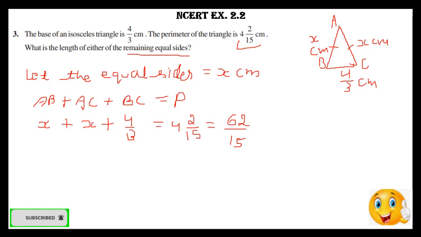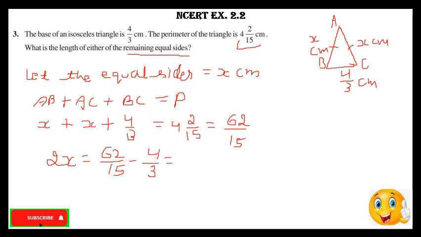We have framed the equation, so x plus x becomes 2x, and we can transpose 4 by 3 from the left side to the right side, so it is 62 upon 15 minus 4 by 3. The 3 is a factor of 15, so the LCM will be 15 here, so we can find the equivalent of 4 by 3 where we need to make the denominator 15.